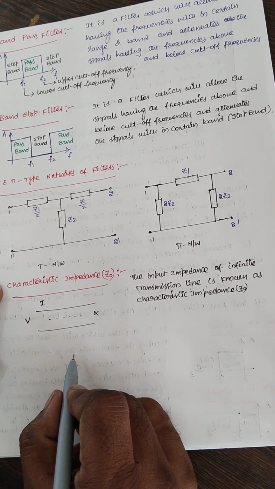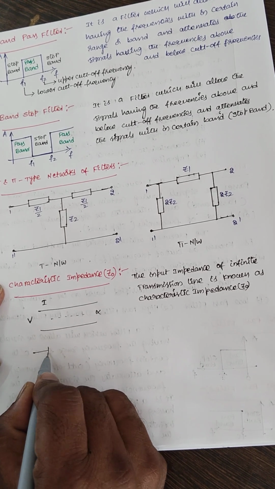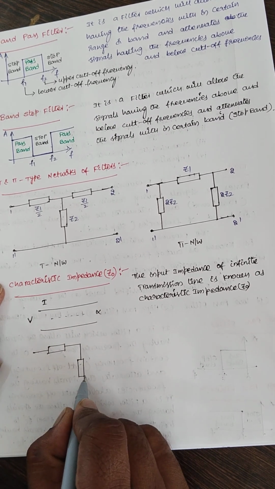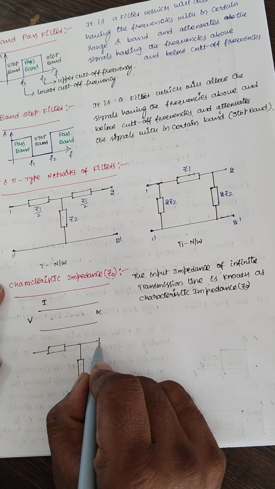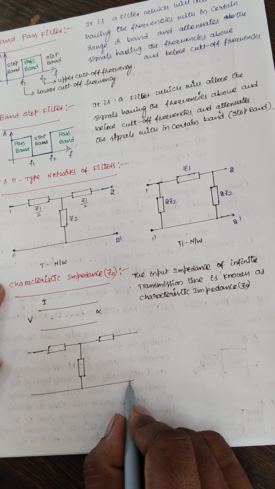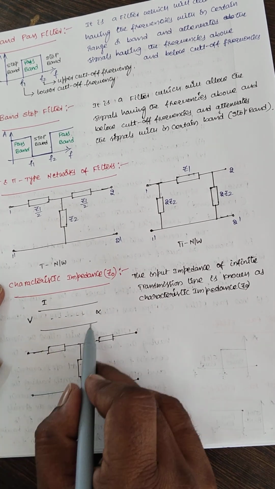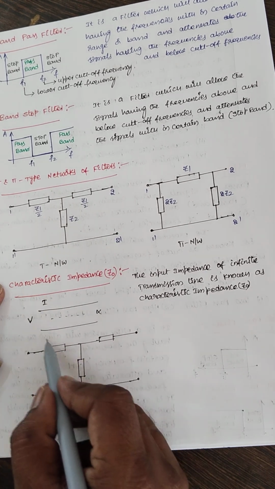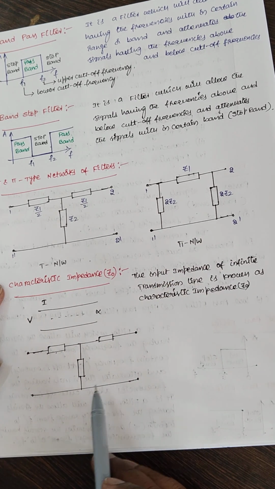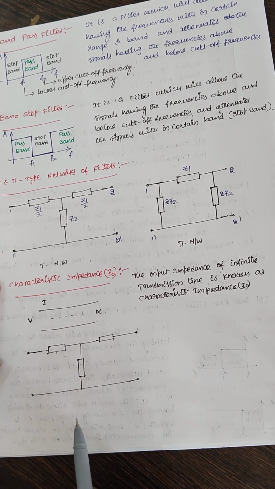So the characteristic impedance for T type of network, let me draw the T type of network here. This is a T type of network. The transmission line can be represented either in the form of T type or in the form of pi type. So first let me explain the characteristic impedance for a T type network.